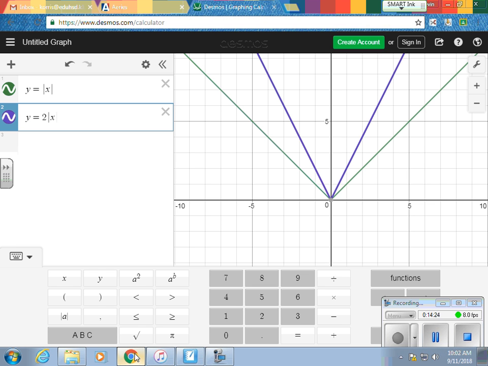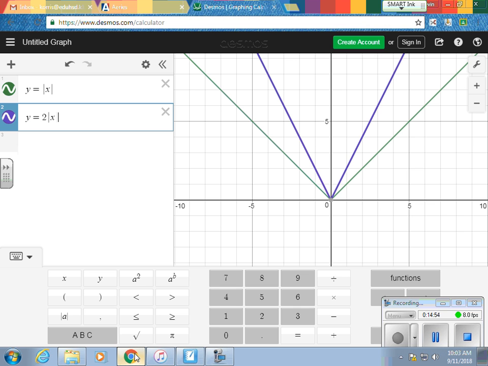Now, when I grade your quizzes and tests, the thing I'm going to be looking for is my vertex in the right spot. You won't have to give me the coordinates, but you're going to have to plot the vertex. I'm going to be looking, is that in the right place or not when I grade your test and your quiz? Is it skinny or wide or basically normal?